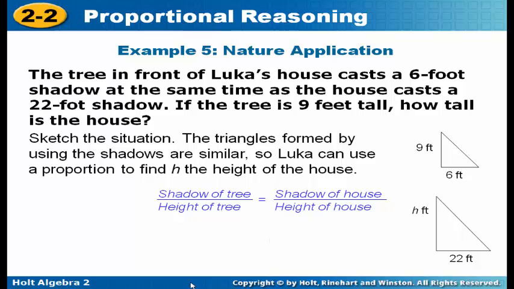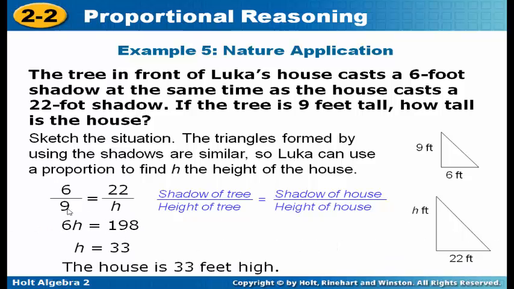So shadow of tree 6 over 9 equals shadow of house over height, 22 over h, and then cross multiply: 22 times 9 equals 6 times h, and then divide both sides by 6, so h equals 33 feet.